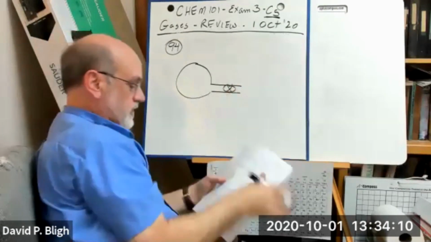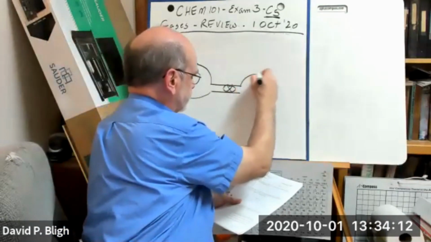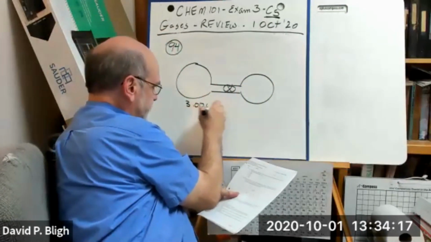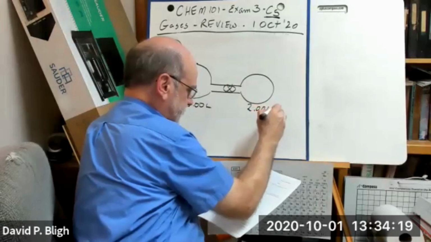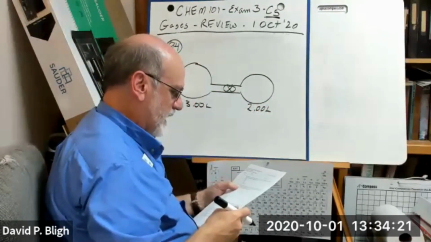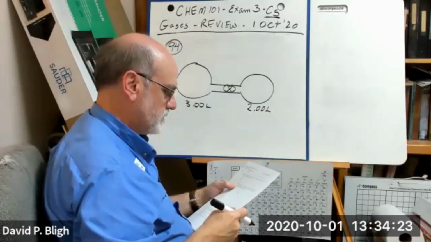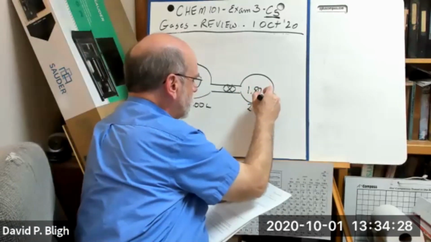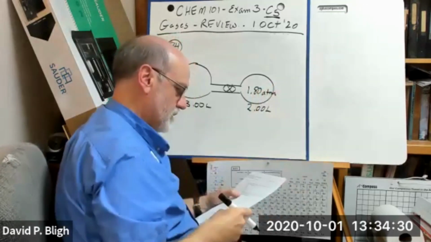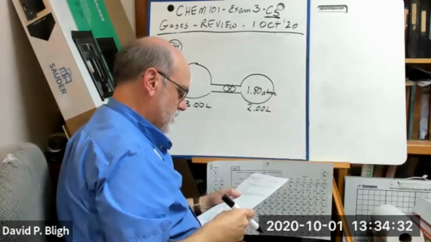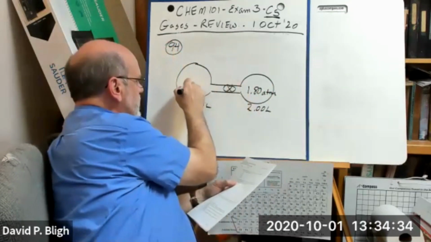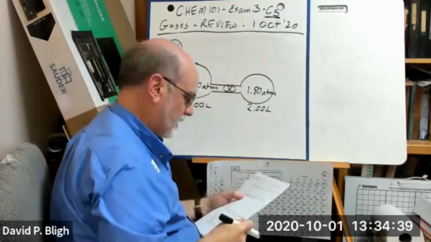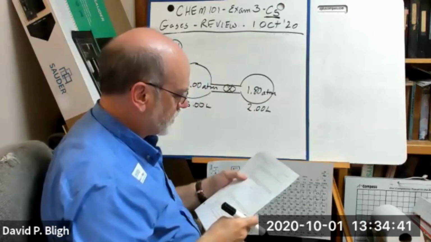The valve is closed right now. This one is 3 liters. This one is 2 liters. And the pressure in the 2 liters, 1.8 atmospheres. And the pressure in this one is 3 atmospheres. Okay, what's the final pressure?